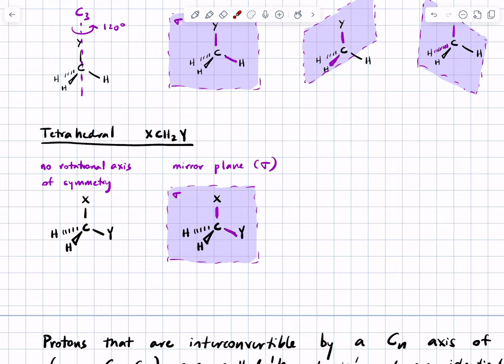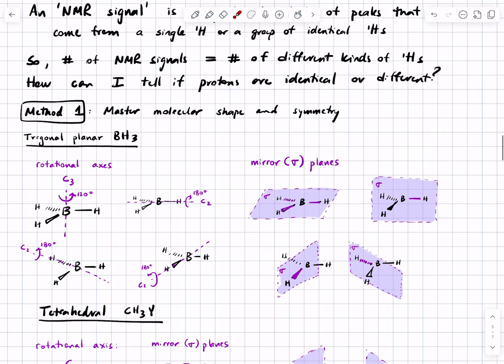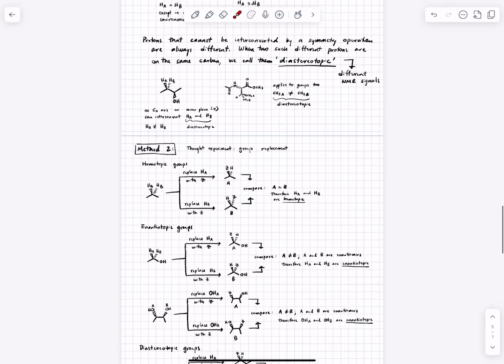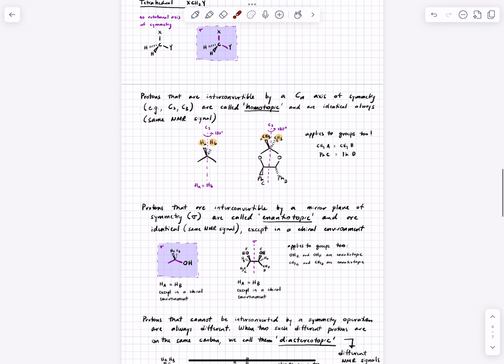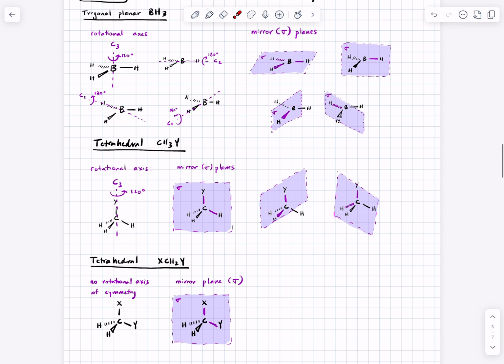It turns out there's a couple other ways that you can use to identify protons that are identical to each other. What we're going to do now is apply these principles in different structural contexts to see when protons are identical to each other versus not.